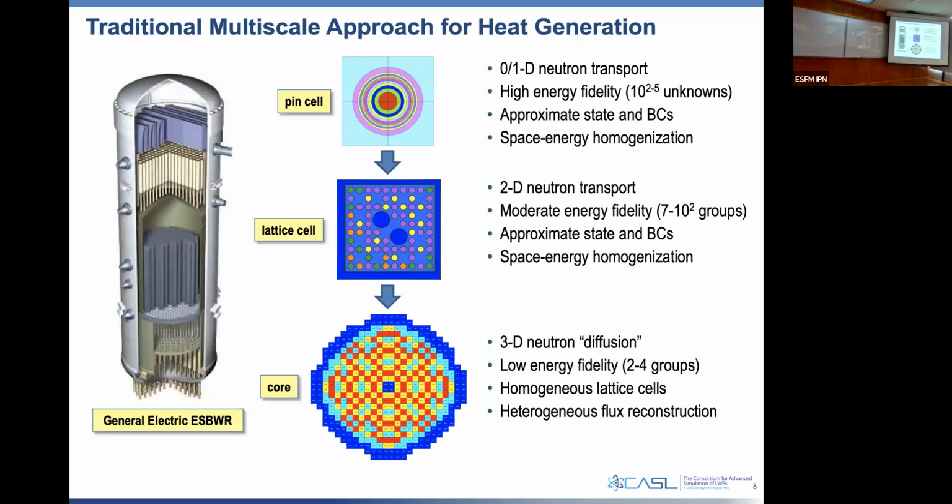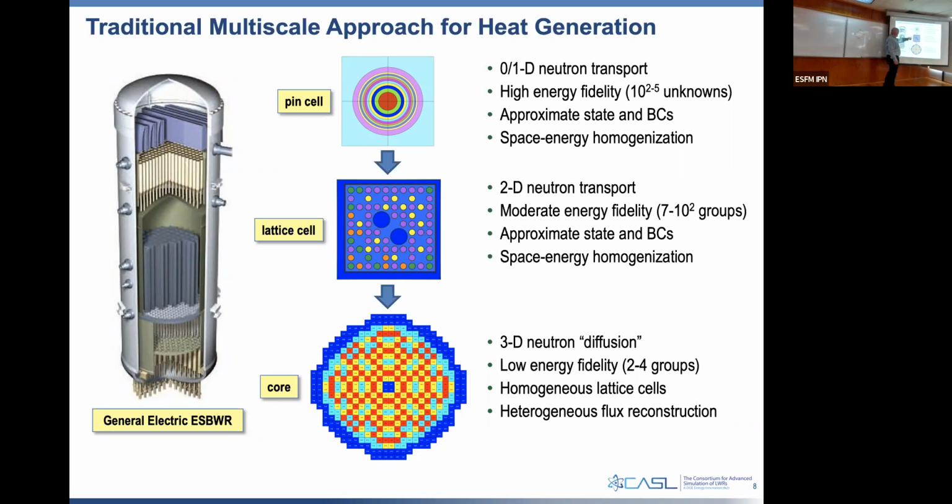Okay, so this was our traditional multi-scale approach for heat generation, where we have one direction, thin cell, lattice, down to core. We had to assume some states, we had some approximate boundary conditions, we made some smearing of materials to make more average smeared materials here, we approximated temperatures and densities, we approximated boundary conditions, we fed it down here, and this was where our core was coupled with all of our other physics.